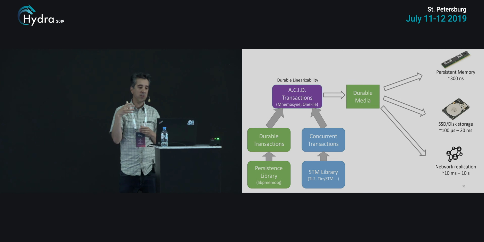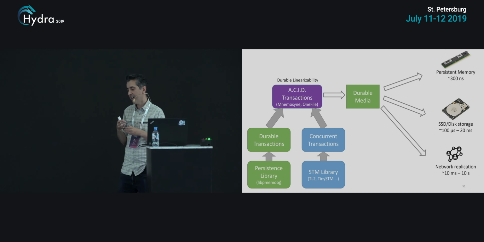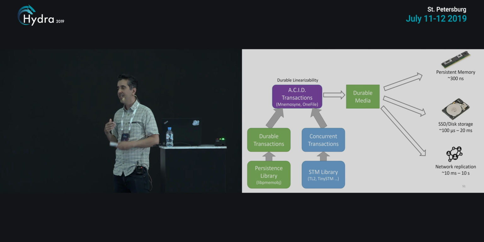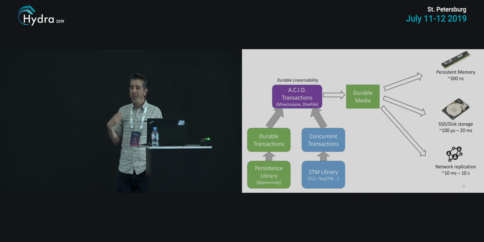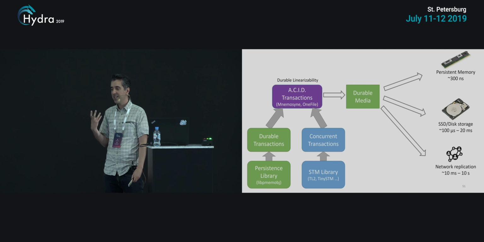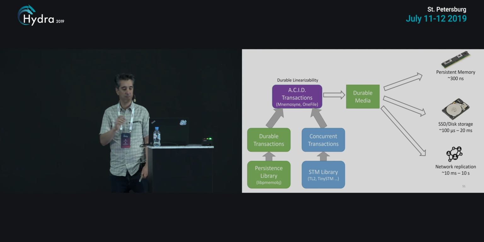And the important thing about durable media is that in order to guarantee that the data you're putting there is persisted, you typically need some kind of message or fence that takes a round trip to go there and back to say, yes, your data is now durable, you can proceed.